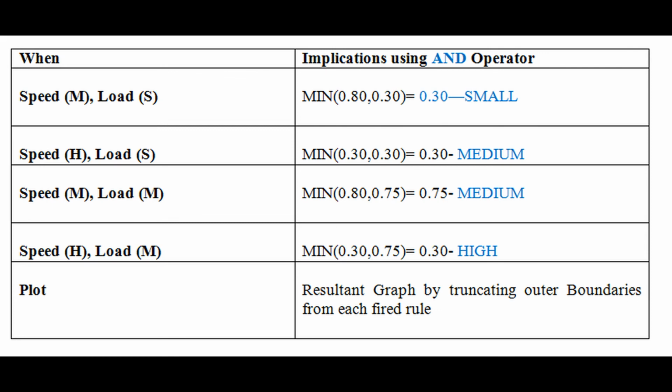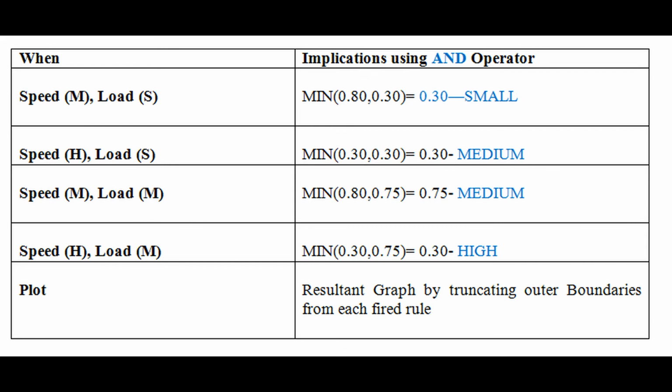So in this quiz, out of a total of 9 possible rules, only 4 rules are fired for a given value of the speed and load. I hope you will be able to solve this quiz and come out with the final output graph after combining individual values from these rules.